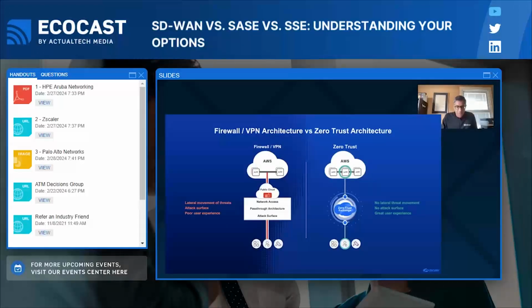You are basically removing the ability of having any sort of implicit trust in your environment. So the attack surface ultimately goes away. Everything is essentially hidden behind a zero trust architecture. And once you do that, the ability for pass-through and easy lateral network access goes away as well. And all of that capability is hosted as part of an SSE.